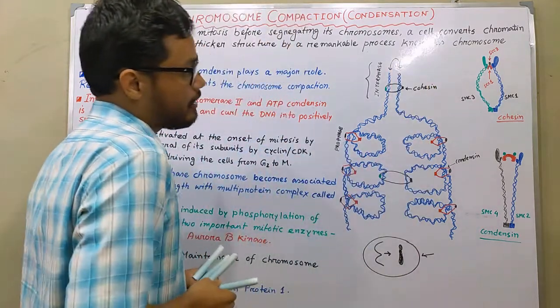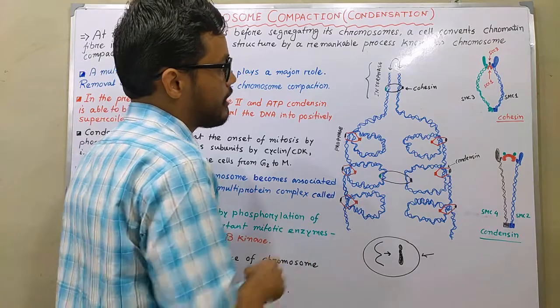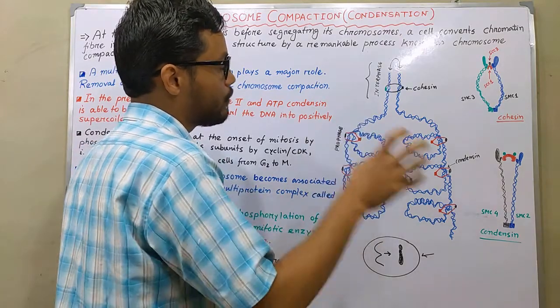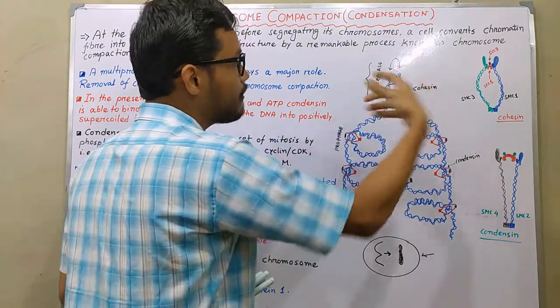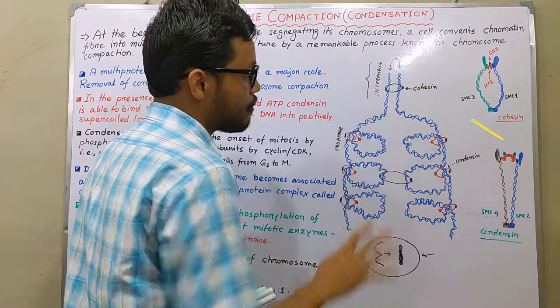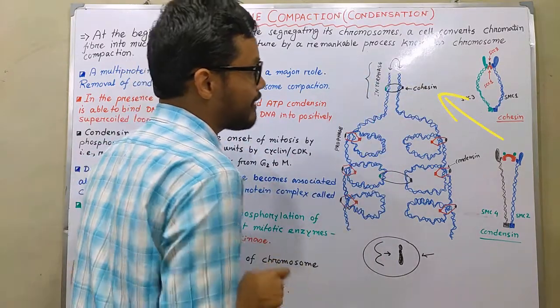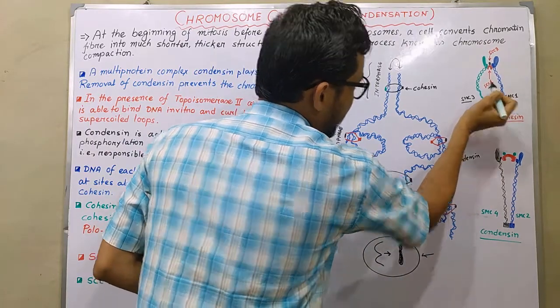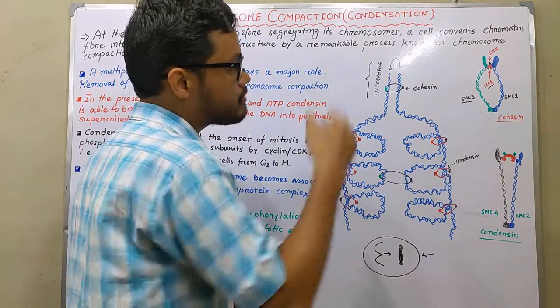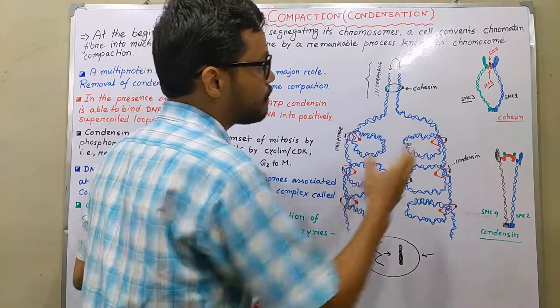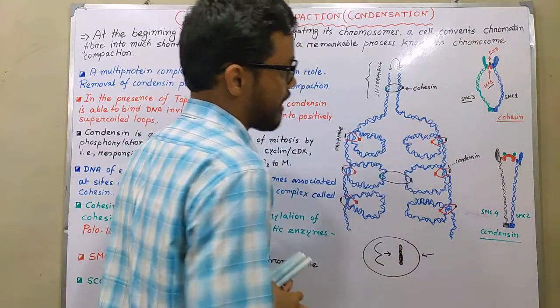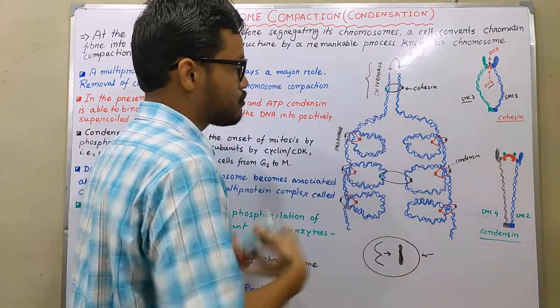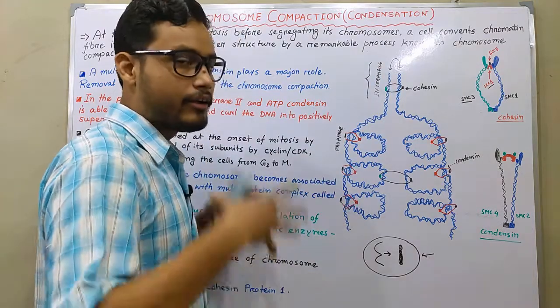When a cell produces sister chromatids, they first join together with a particular multiprotein complex known as cohesin. Cohesin is made up of two different kinds of proteins, SMC and SCC. Here SMC1 and SMC3, along with SCC1 and SCC3, bind those sister chromatids together.